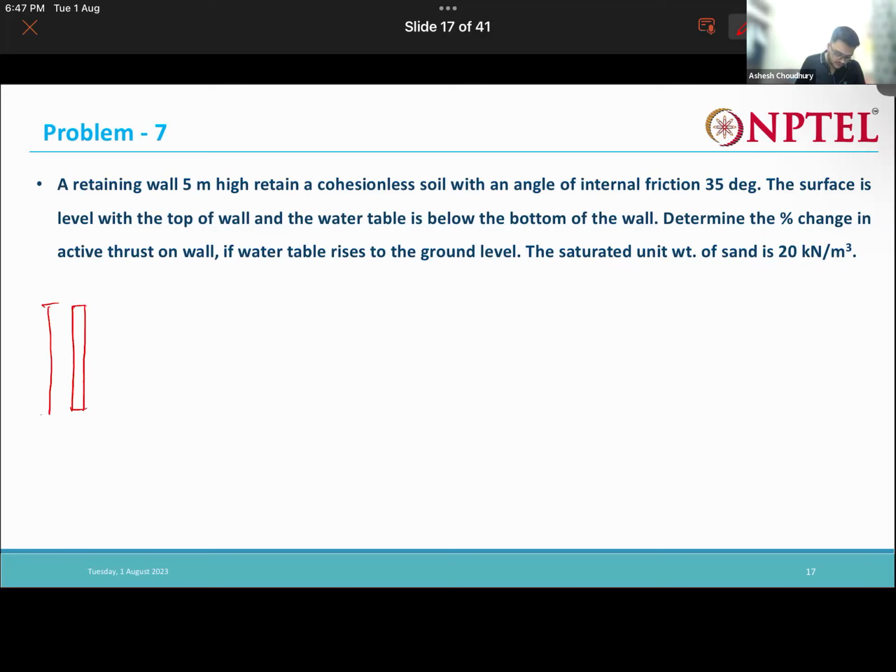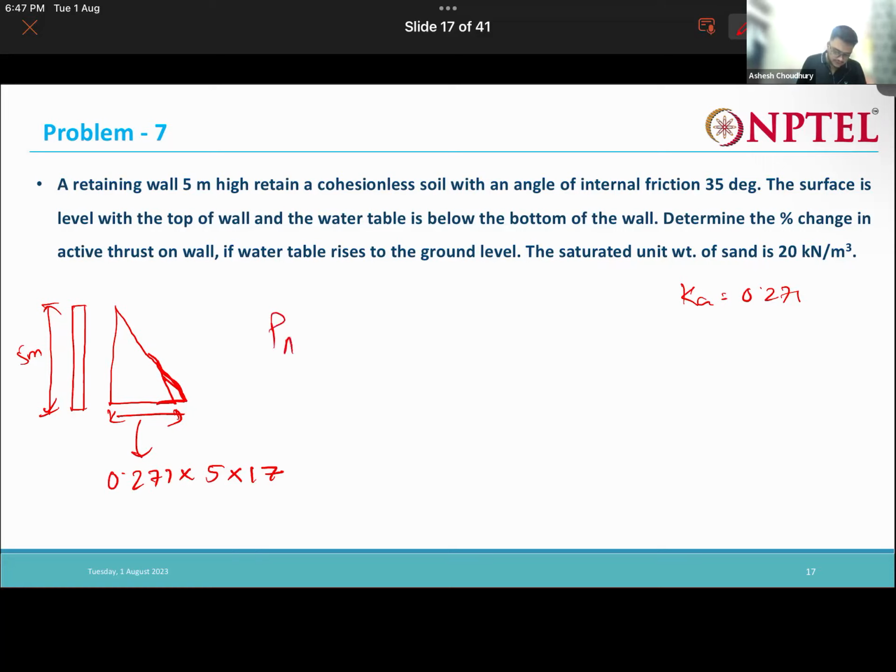So we'll have a 5 meter high wall. In the first case, we'll have a simple triangular variation, right? So what will this be? This is nothing but 0. Phi is the same 35 degrees, so K is the same 0.271, 0.271 into 5 into 17.